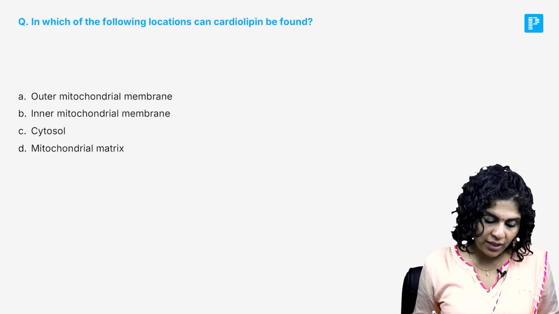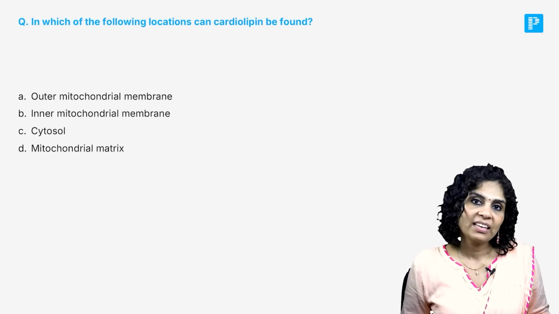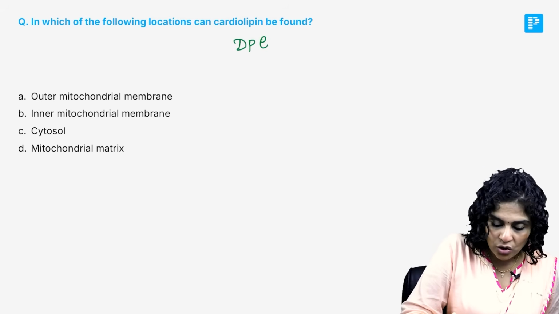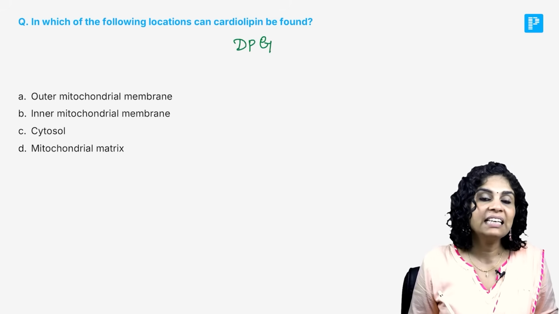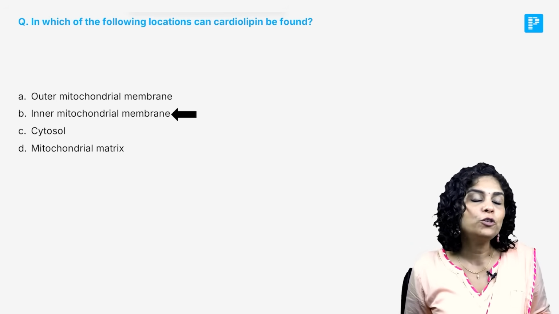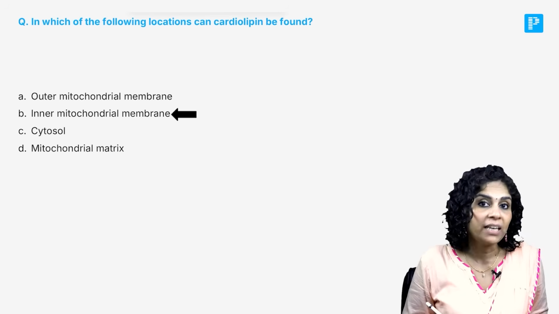In which of the following locations can cardiolipin be found? Cardiolipin is diphosphatidylglycerol, which is seen in mitochondria. To be very precise, it is seen in the inner mitochondrial membrane.